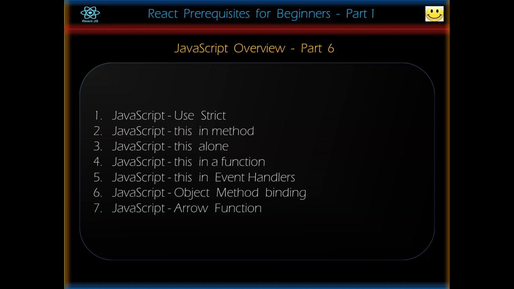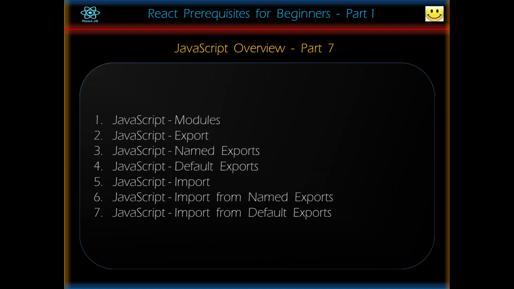In the next lecture, JavaScript overview, part 6. We will learn about use strict, this in method, this alone, this in a function, this in event handlers, object method binding, arrow function. In the next lecture, JavaScript overview, part 7.